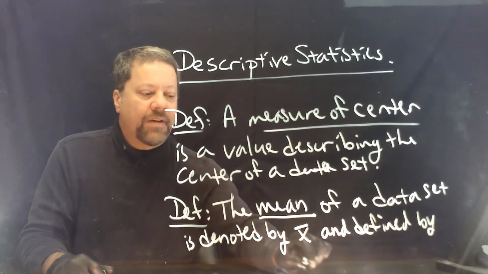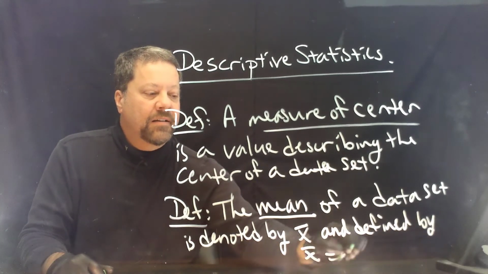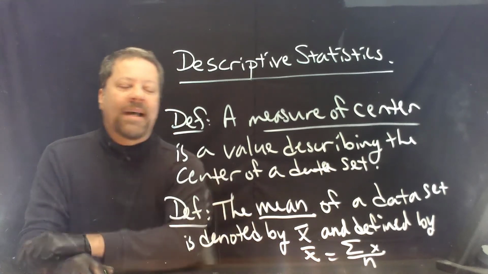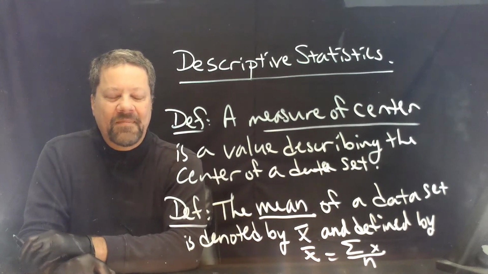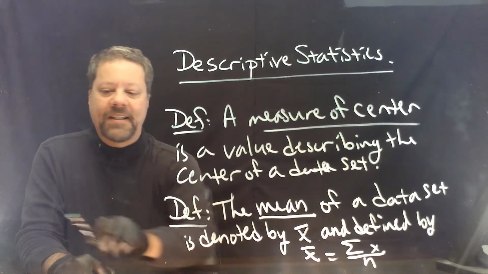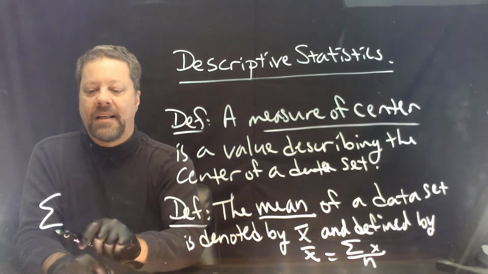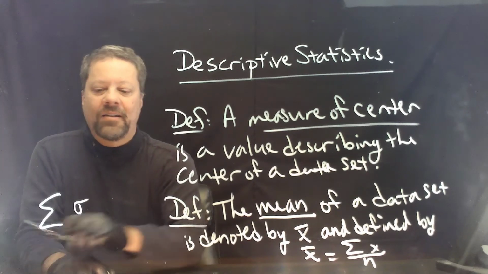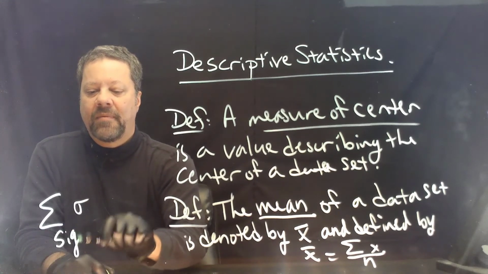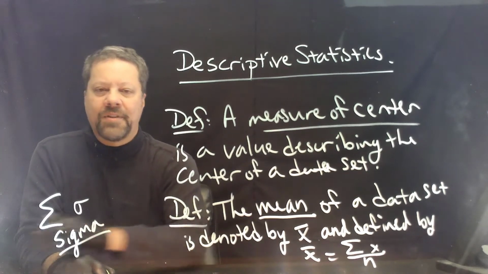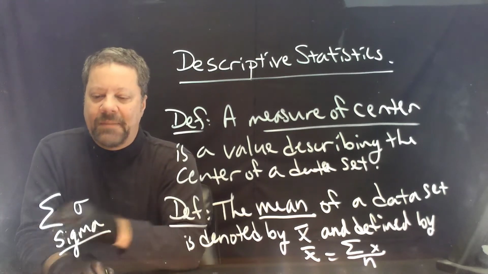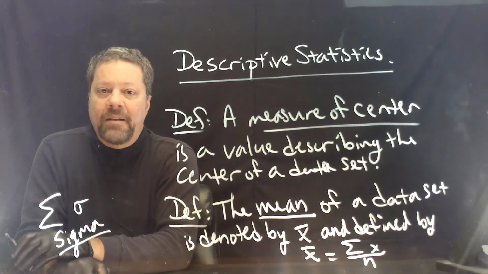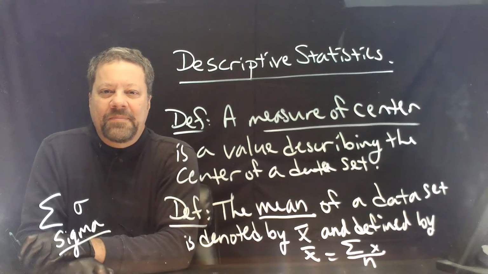It's defined as follows. You take the sum of all the data values and you divide by how many you have added. Yes, a capital sigma. This is the capital sigma, the lowercase sigma looks like this. For some reason, a capital sigma has come to be representative of the sum of data values.